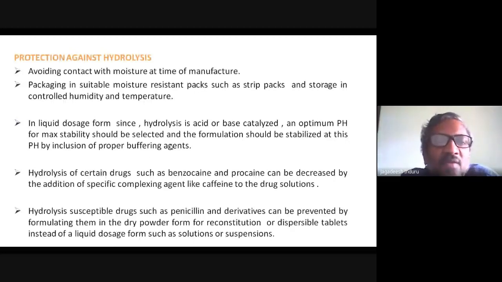So we are using the concept of a buffering agent to maintain the pH in the neutral region or a particular point where the hydrolysis occurs at a lower rate. It means the rate of degradation is lower by maintaining the pH at that particular condition. How will you know? Similar to the effect of temperature on degradation, you are going to study the effect of pH on degradation.